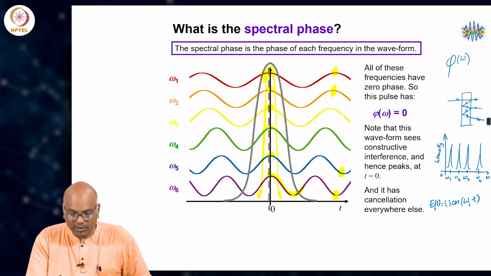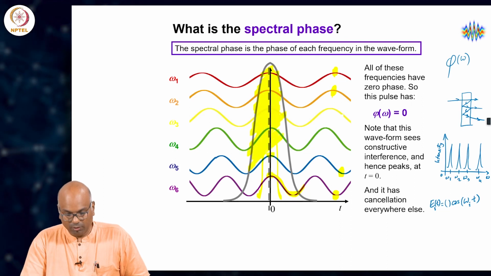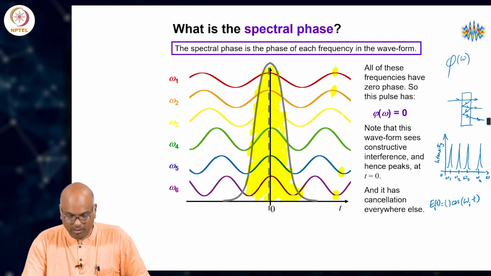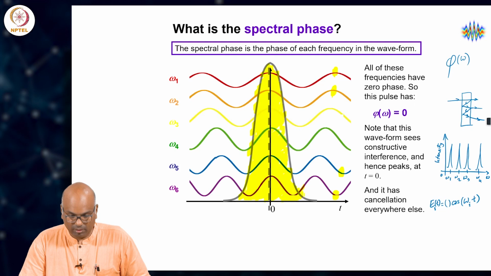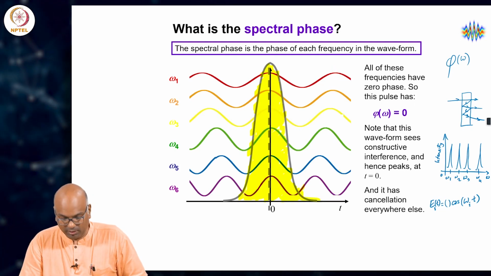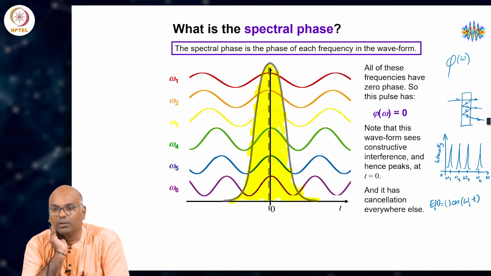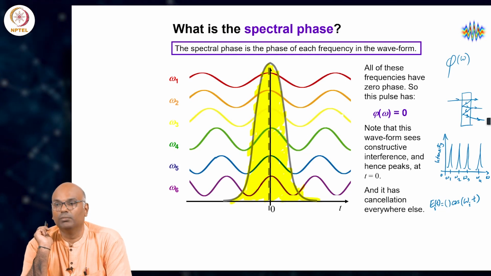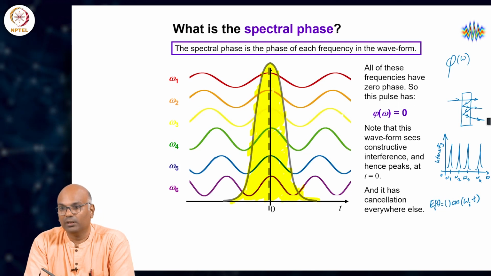So, this is the region where the pulse amplitude is going to be non-zero, whereas everywhere else the constituent waves start to cancel each other out, and that is the pulse for you and me and everyone. So, this pulse is a coherent sum of all these constituent waves.